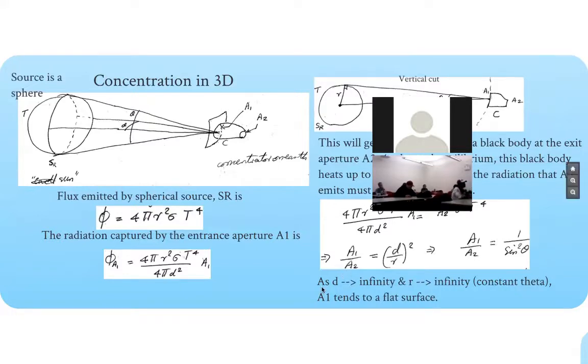So a few things we can extrapolate from this. As D goes to infinity, which is basically this thing gets very far away, R gets huge compared to the concentrator, which is our situation, of course, at constant theta. Then A1, this entrance aperture, becomes a flat surface instead of being a sphere.